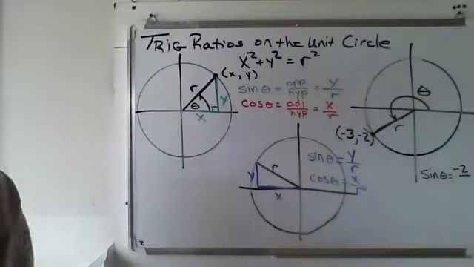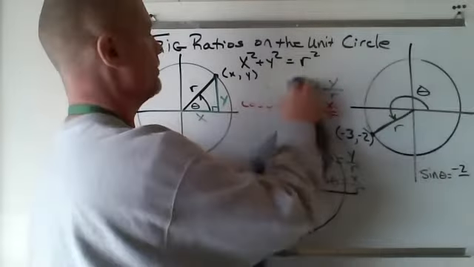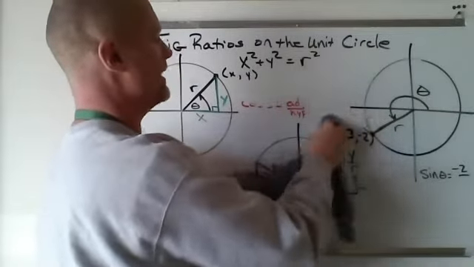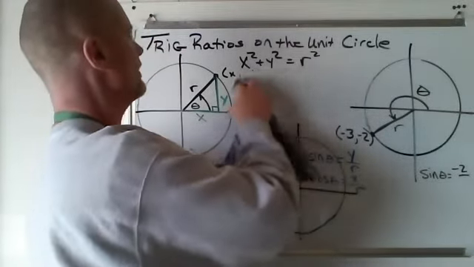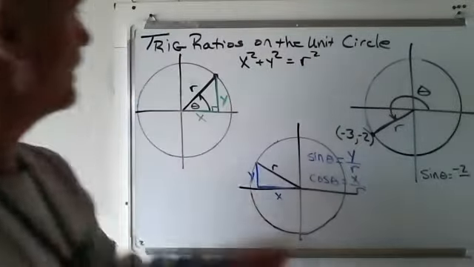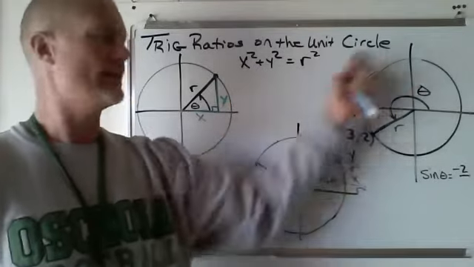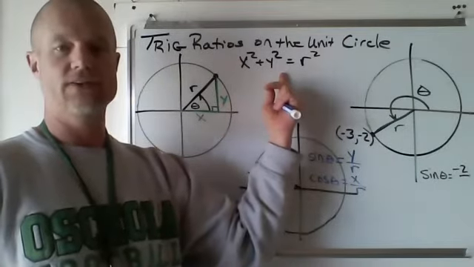So what can help us here? How could we figure out what that is? Well, look at this. We know that x squared plus y squared is equal to r squared, because any point on this circle has to fit in the equation of the circle.